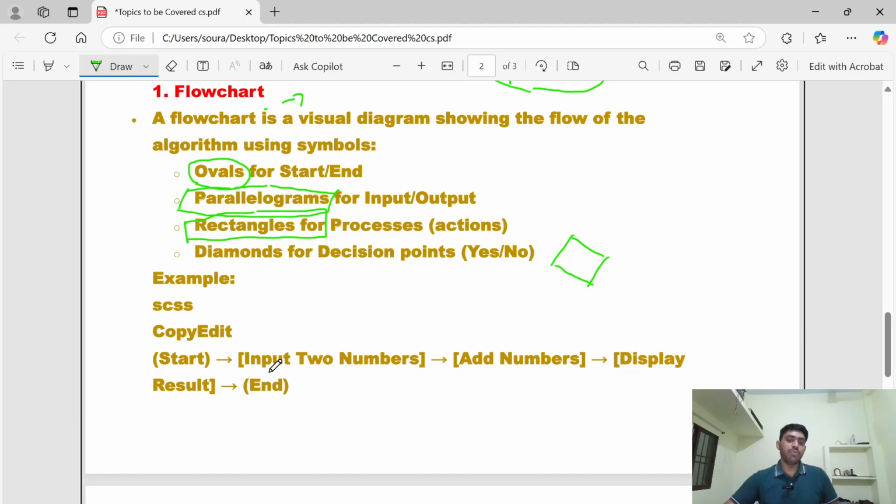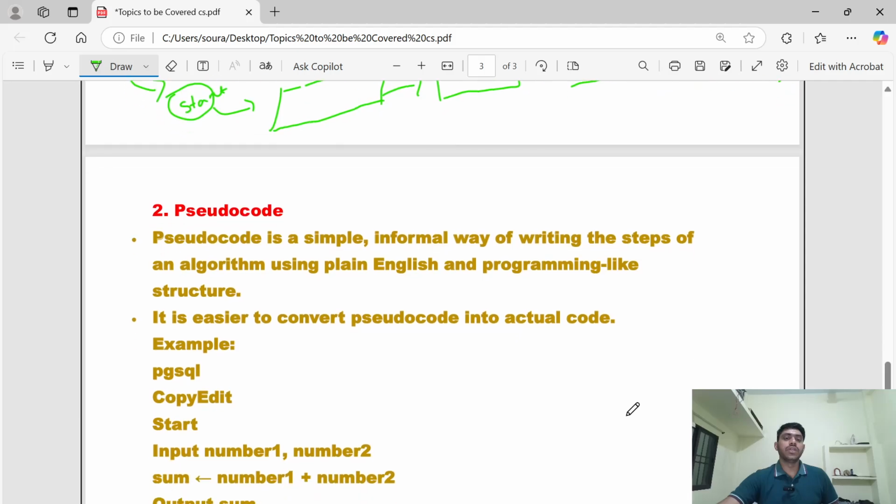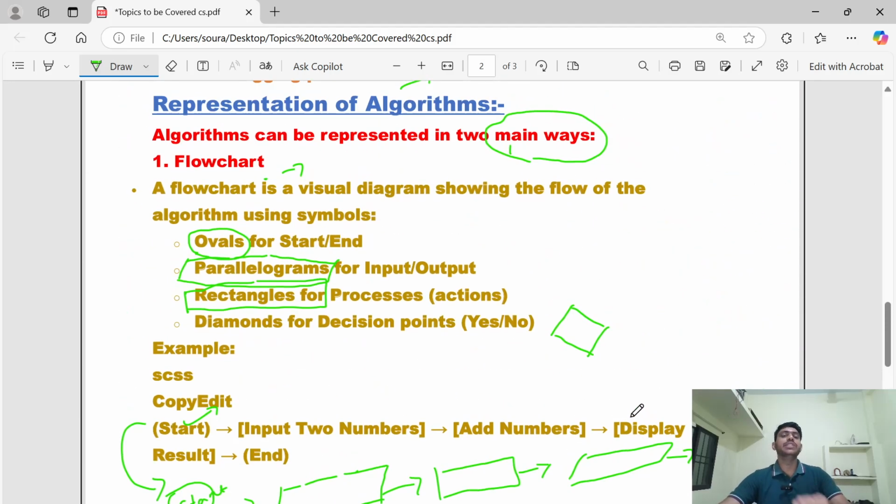Start is the first oval, then input two numbers through a parallelogram, then add the numbers through a rectangle, display the result through a parallelogram, since input and output use a parallelogram, then end. This is how a flowchart is represented.